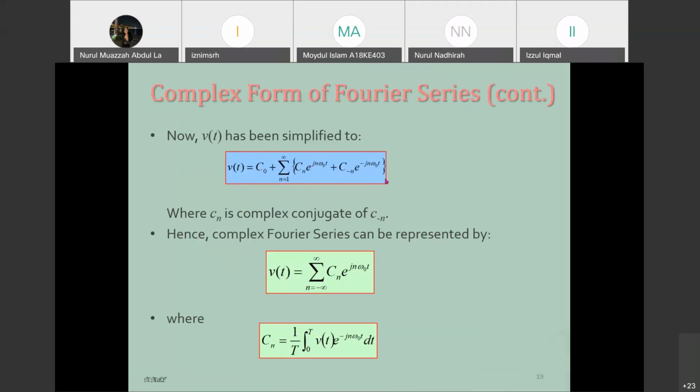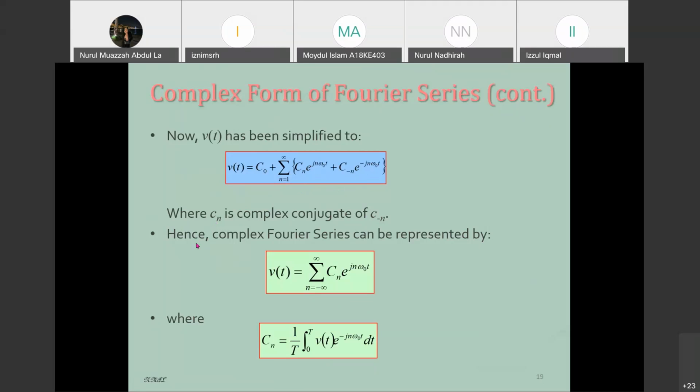Basically here Cn is the complex conjugate of C negative n. So if you don't understand what is conjugate, you need to recall back your memory. So conjugate is the opposite of Cn. It can be opposite in terms of amplitude and also phase.